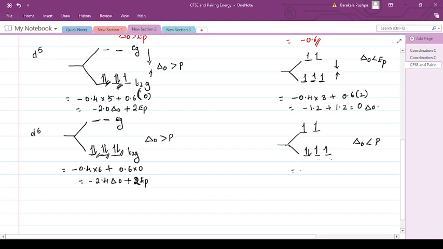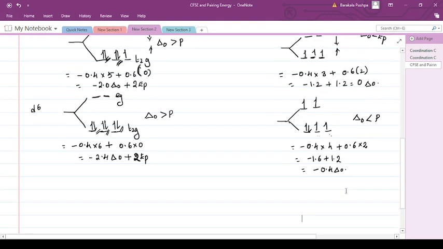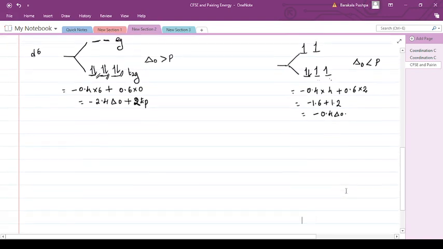In this case, the CFSE is equal to minus 0.4 into 4 plus 0.6 into 2, that is equal to minus 1.6 plus 1.2, that is equal to minus 0.4 delta O.